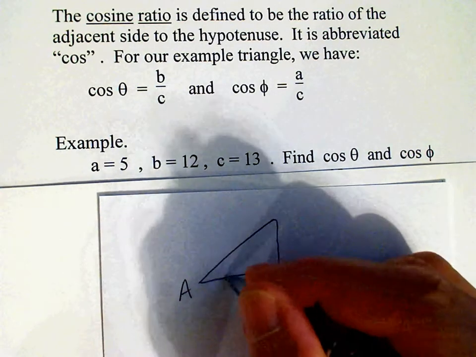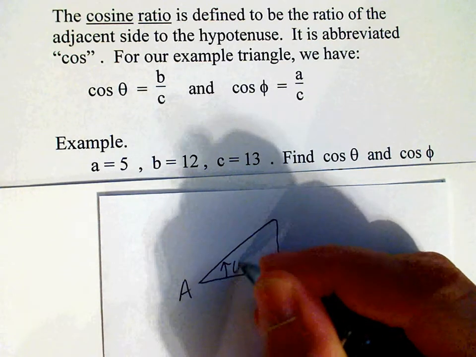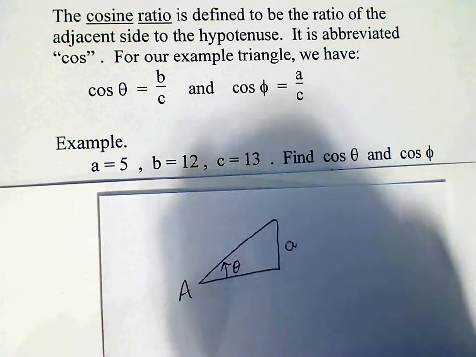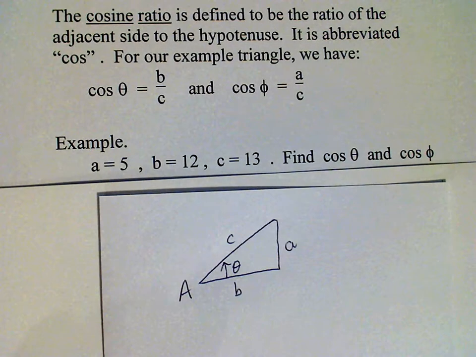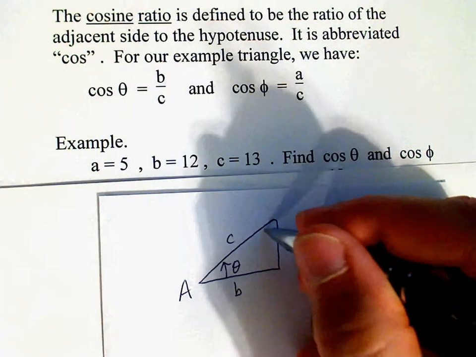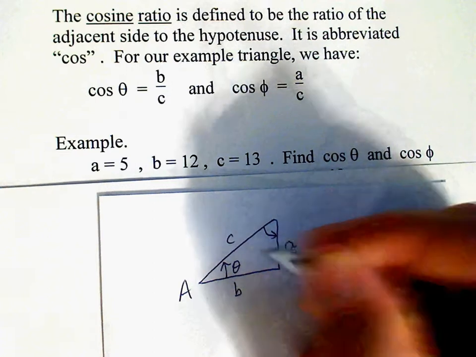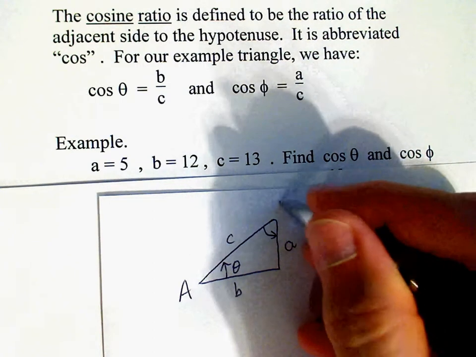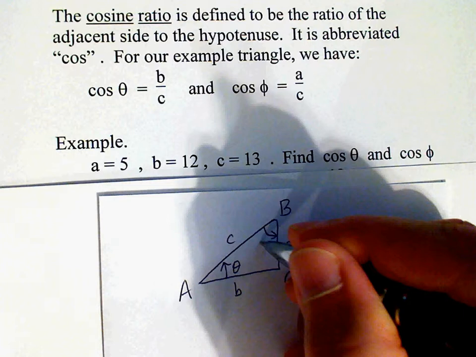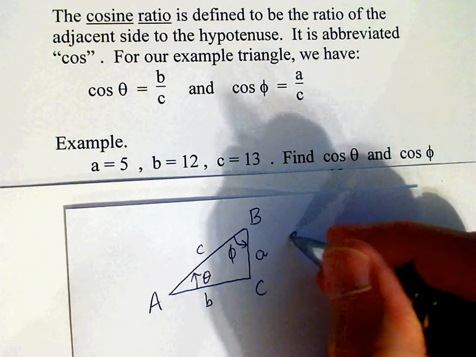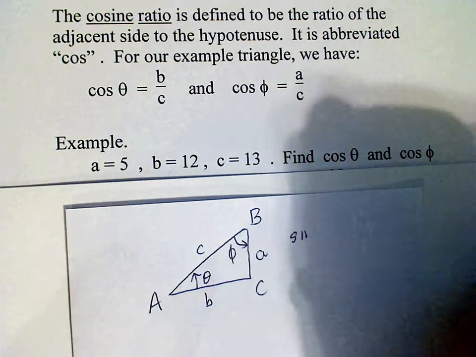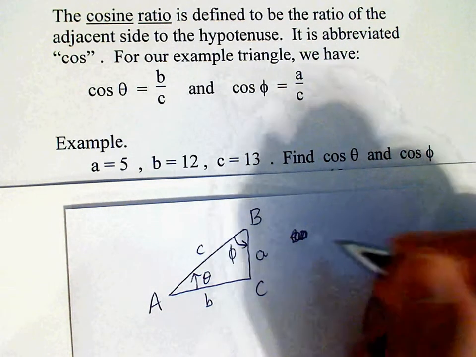Okay, so we're letting theta represent the measure of angle A, and phi representing the measure of angle B. So we're doing the cosine now.